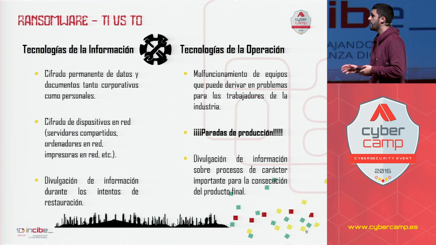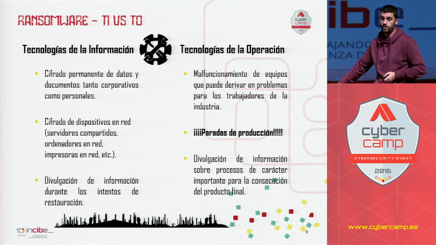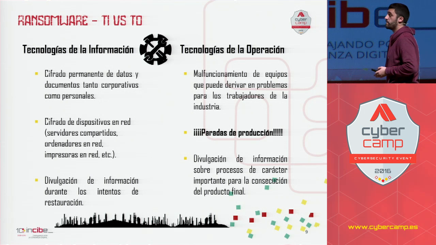If a ransomware affects the supervision network mainly, there is a malfunctioning of the devices, which in turn causes problems for the plant employees. The idle times are critical. And in industry, what matters is availability. That's what matters the most. So having to stop it is very important because it creates lots of money loss.